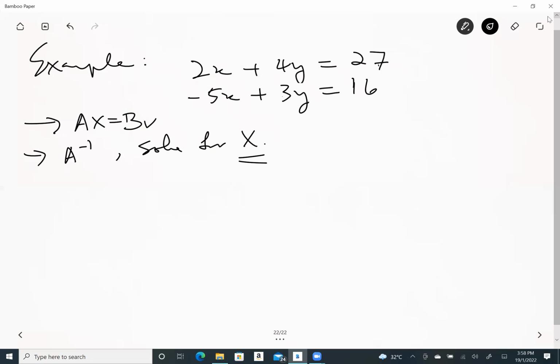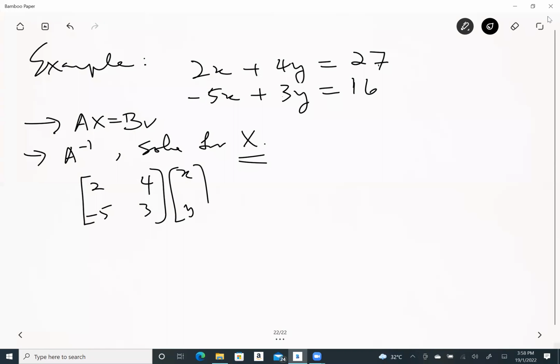Okay, you got it. So first, you write in the matrix form, AX equal B. So what do I have? We have here 2, 4, -5, 3. Then I have X, Y equal to 27, 16.